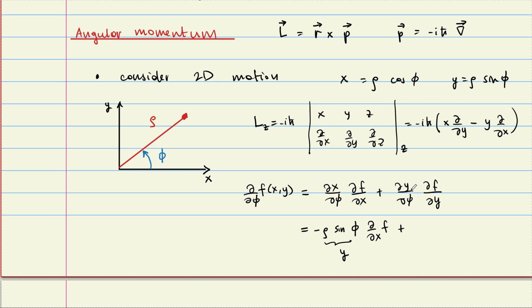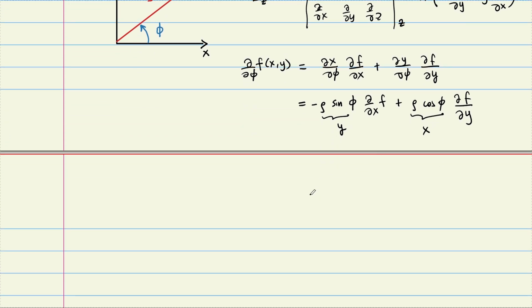Plus ∂y/∂φ, y is here, it is going to be ρ cosine φ, ∂f/∂y, but ρ cosine φ is x, and this exercise shows that this is minus y ∂x plus x ∂y, this entire thing acting on function f.